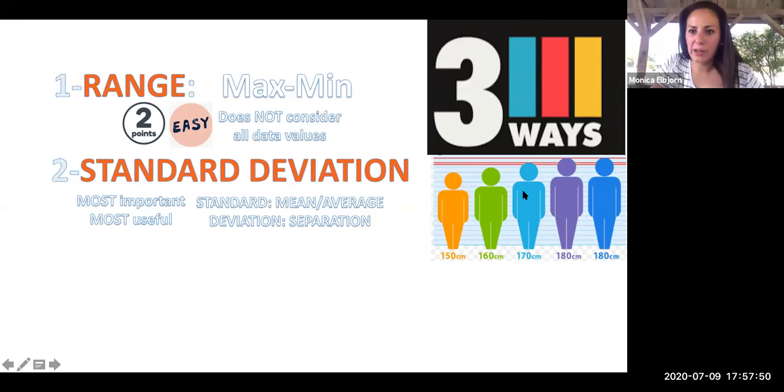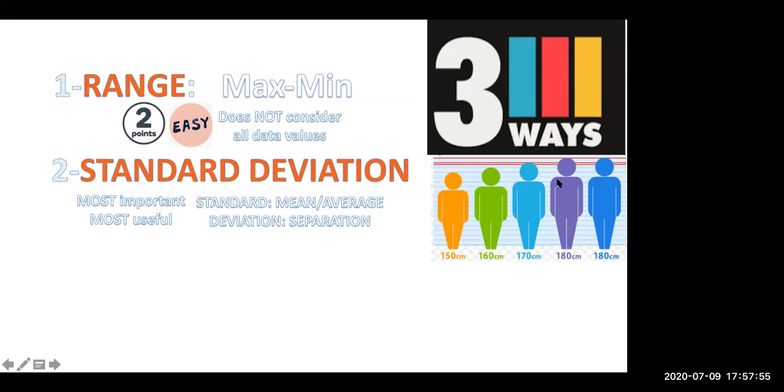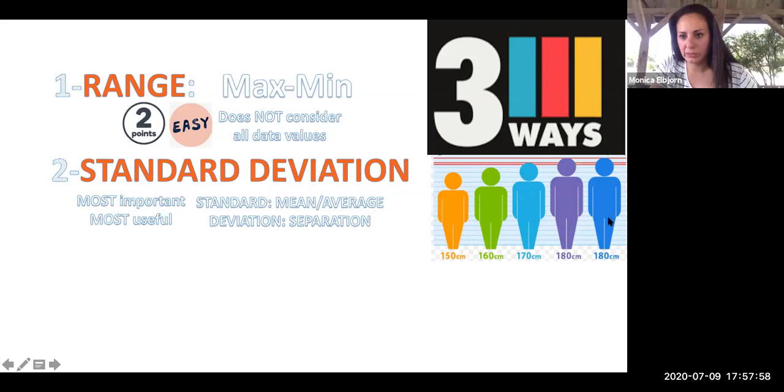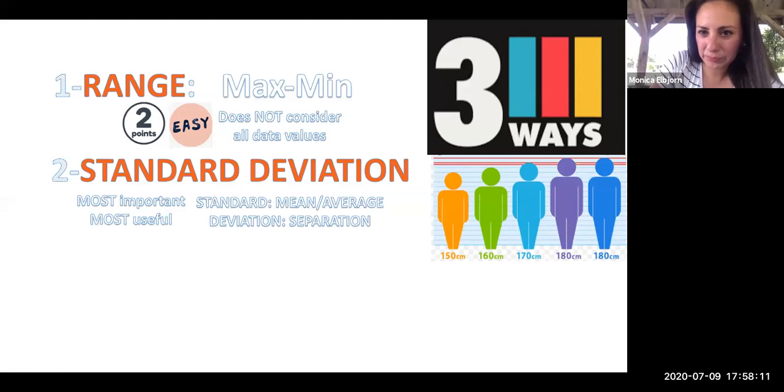So if we talk about height, let's say we decided to measure the height for all of our STEM class. And we say, okay, the average of our class is the red line, one of the red lines, pick any. And you see that the person in orange has a little gap between the head and the red line. That will be our standard deviation.